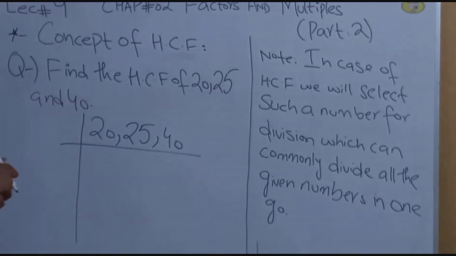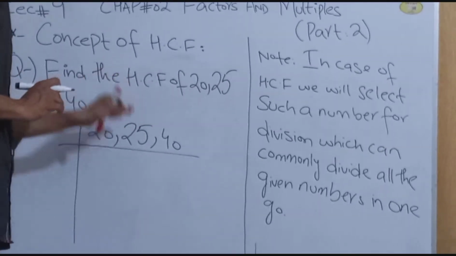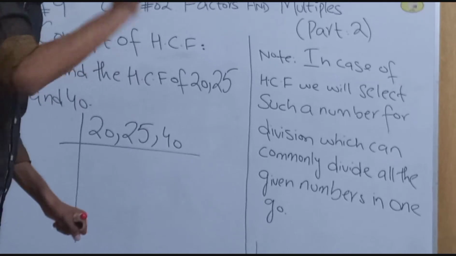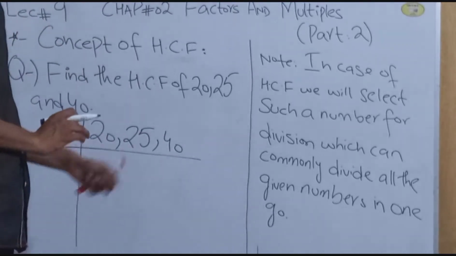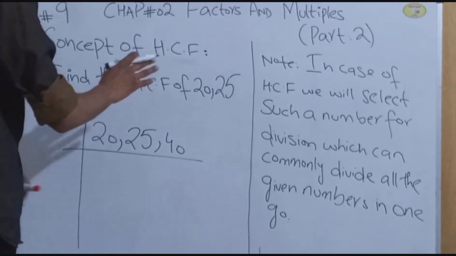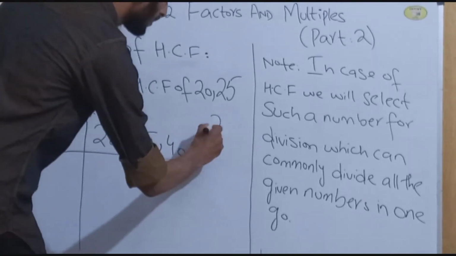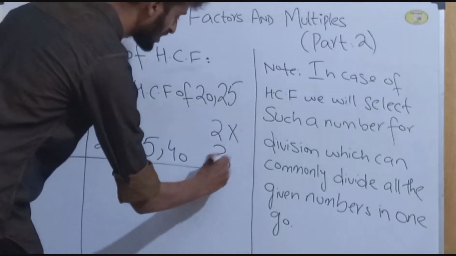Is 20 divisible by 2? The answer is yes. Is 25 divisible? The answer is no. So we will reject the number 2. We will move on to 3. Is 20 divisible by 3? The answer is no. So 3 is also rejected.